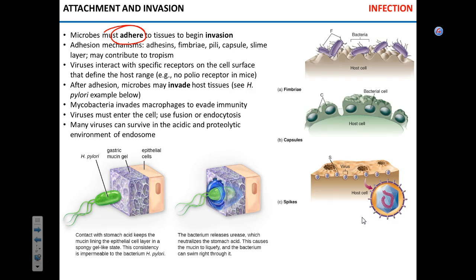Presence or absence of adhesins or genes that enable development of, say, fimbriae will correspond to the pathogenicity or virulence of a particular microbe. Does that make sense? Now, that's bacteria. What about viruses?